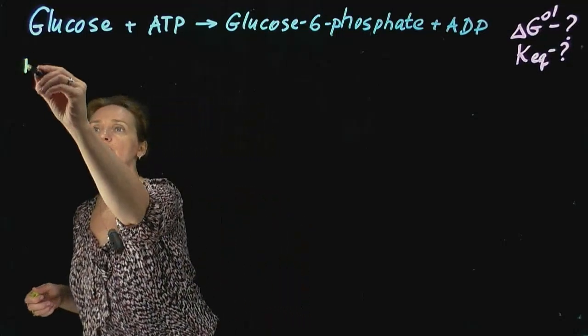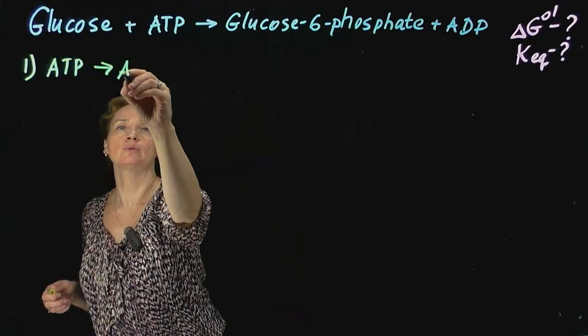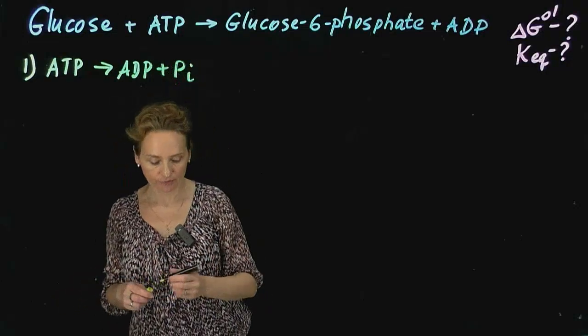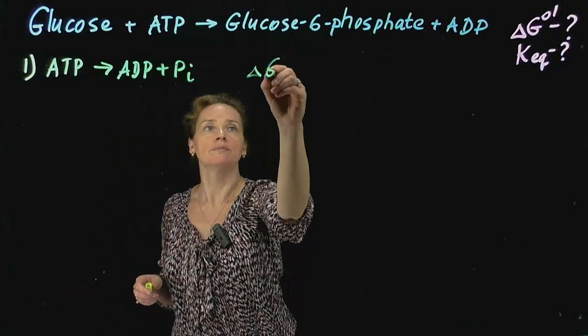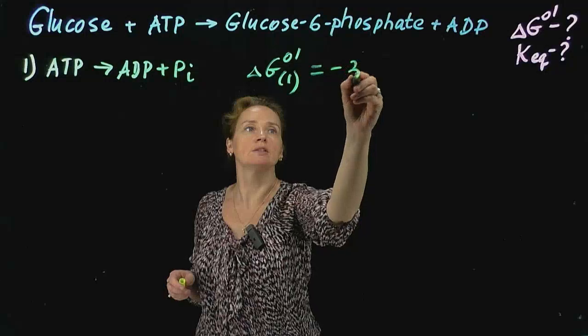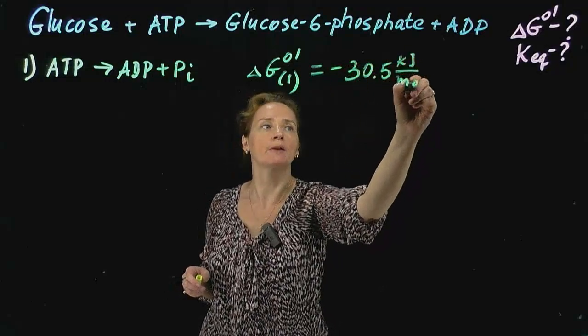So we have the first reaction, which will be ATP hydrolyzed into ADP and inorganic phosphate. And for this reaction, we know that the standard free energy change is minus 30.5 kilojoule per mole, right?